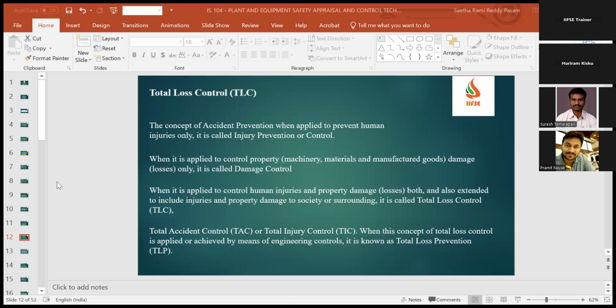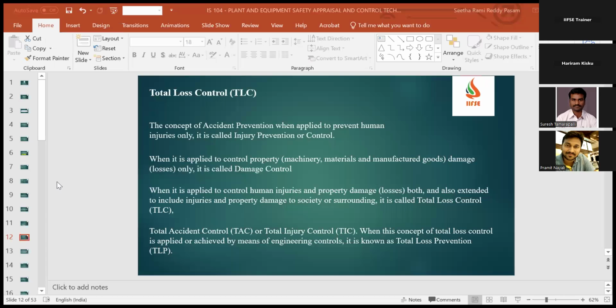Apart from all this, if all the systems have not functioned well, to safeguard my people, I give PPE, personal protective equipment. When all my controls fail, at least the PPE can give a chance to escape from the immediate vicinity of the accident.